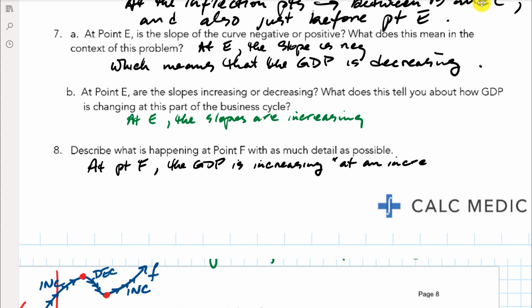So it's increasing faster. Notice the terminology right here, at an increasing rate, because it is approaching the inflection point.